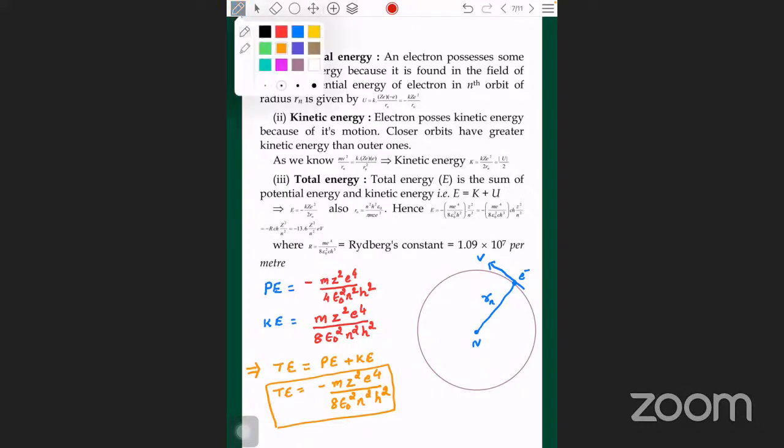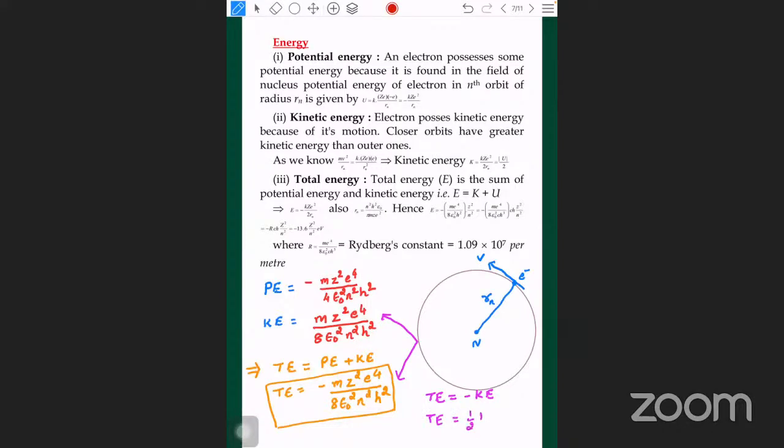So please remember these three different formulas. Now, look at the formula for kinetic energy versus the total energy. They are the same in magnitude, but the total energy is negative times the kinetic energy. And total energy is half times the potential energy.